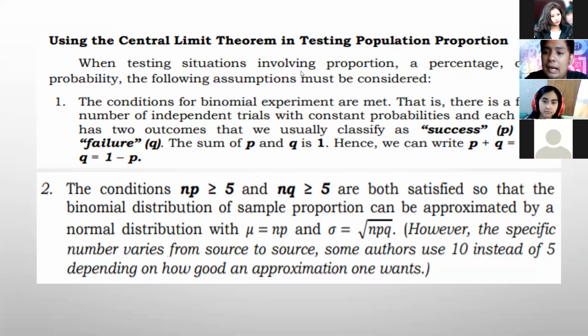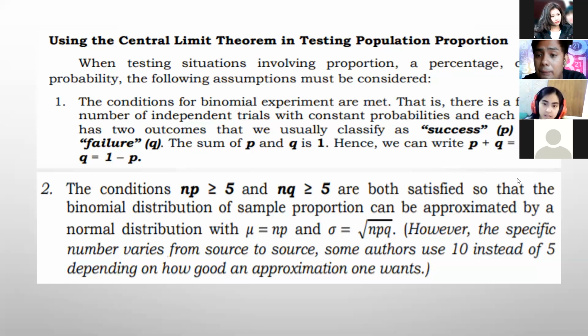Ngayon, that is, there is a fixed number of independent trials with constant probabilities, and each trial has two outcomes that is usually classified as success, which is P, and failure, which is Q. Ibig sabihin, success or fail. Meron o wala. Ngayon, paano natin ginagawa yon?